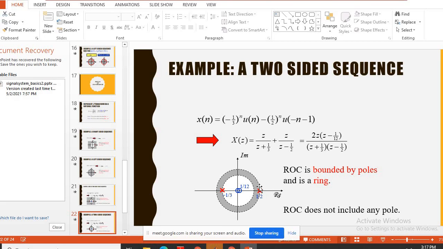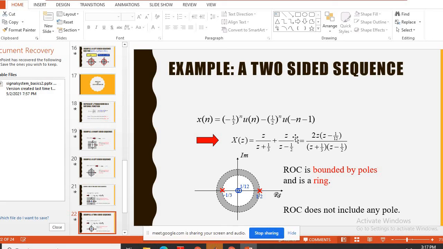Z less than A is the condition for this, because otherwise the expression is the same. Z upon Z minus A, with minus 1 by 3, and Z upon Z minus A only, with minus 1 by 2. Here the condition, because of this u of minus n minus 1, is going to become Z less than A. So Z less than 1 by 2.